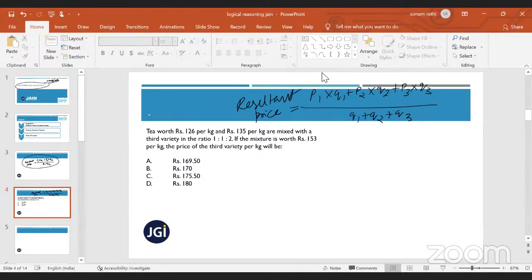So what is given to you? This is P1. This is your P2. P3 is missing. And the resultant price is this. Okay, and this is Q1, Q2, Q3. I told you if quantities are not given, you can use a ratio in place of that.